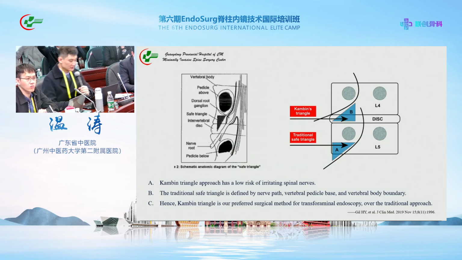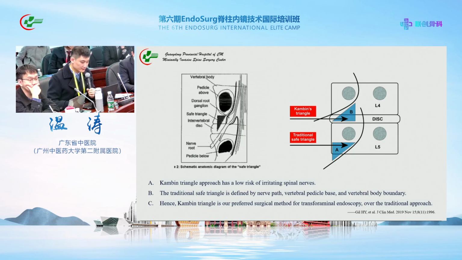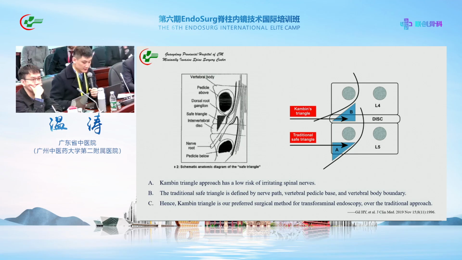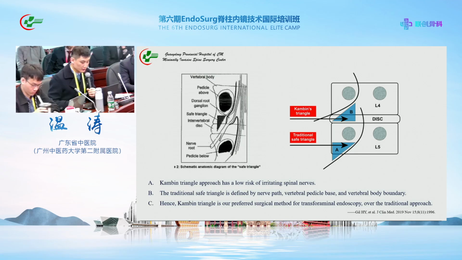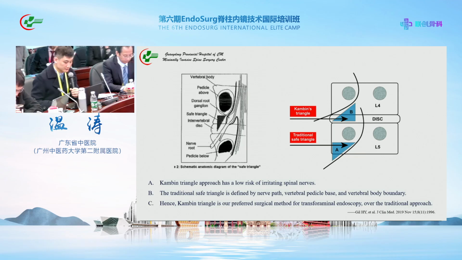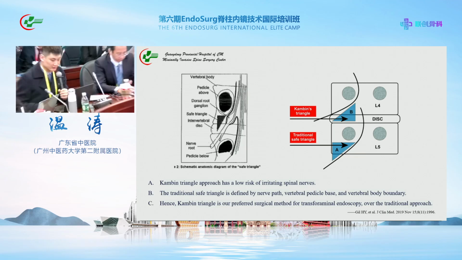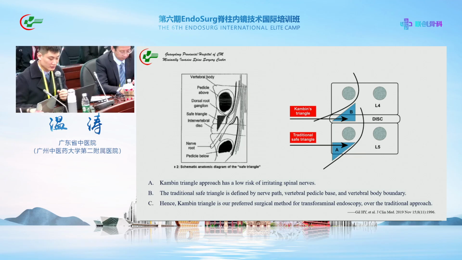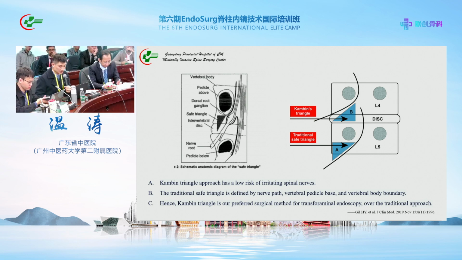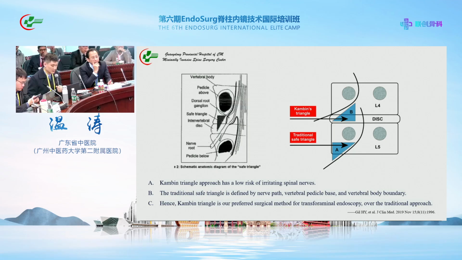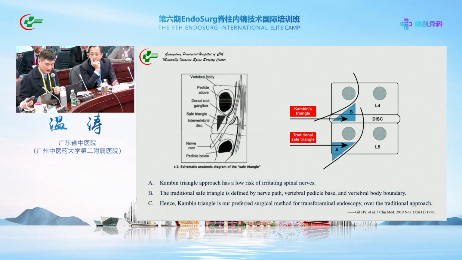You can see we have the traditional safe triangle on the right side. The traditional triangle is much higher than Kambin's triangle, so the traditional safe triangle cannot take out as much disc space as Kambin's triangle.